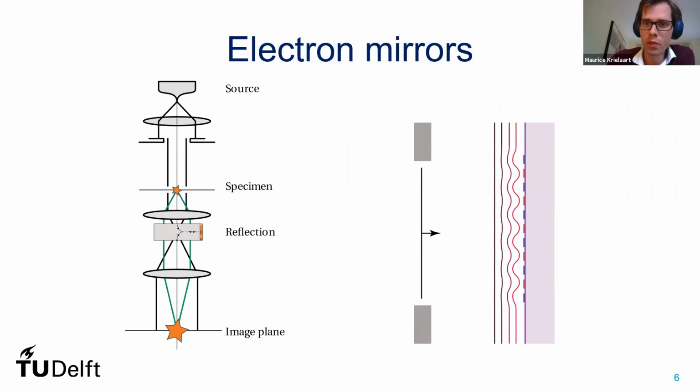Maybe I should tell you a bit more about these nearly flat mirrors, because I say nearly flat since the voltage variations we're talking about are millivolts, or the height modulations are typically maybe nanometers or so. And from literature, you might know that nearly flat electron mirrors actually have a lot of aberrations.